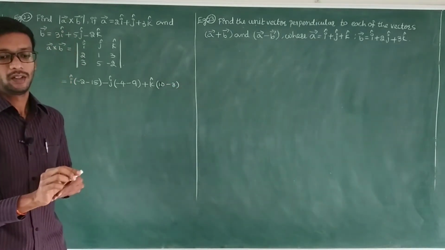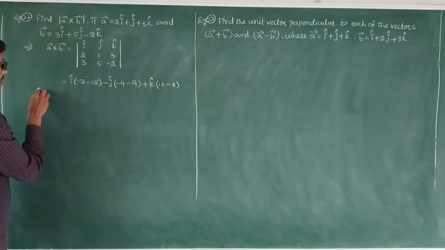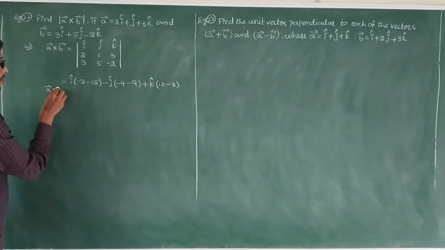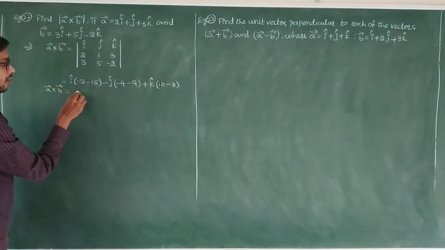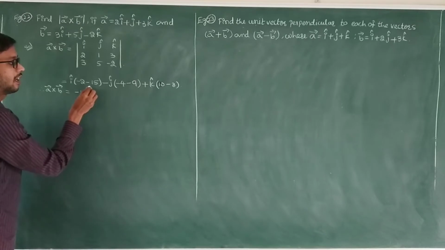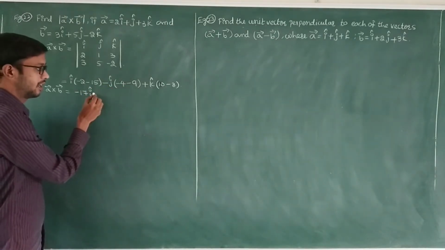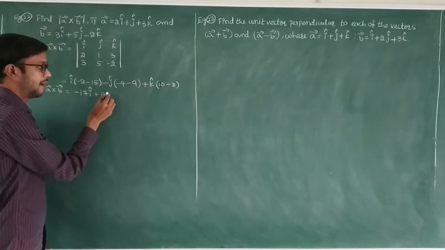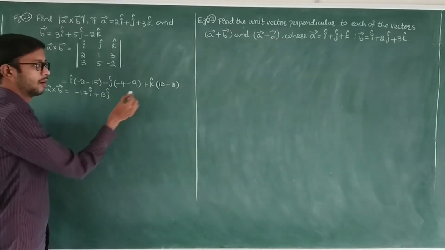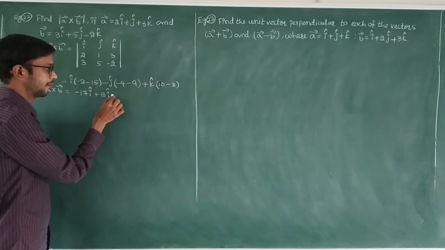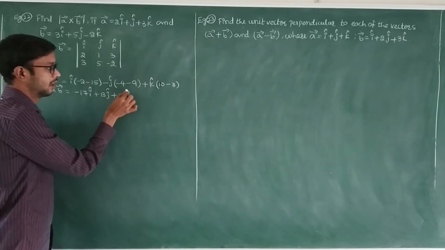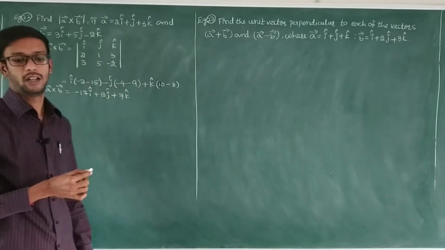So A bar cross B bar is equal to minus 17 i cap plus 13 j cap plus 7 k cap.